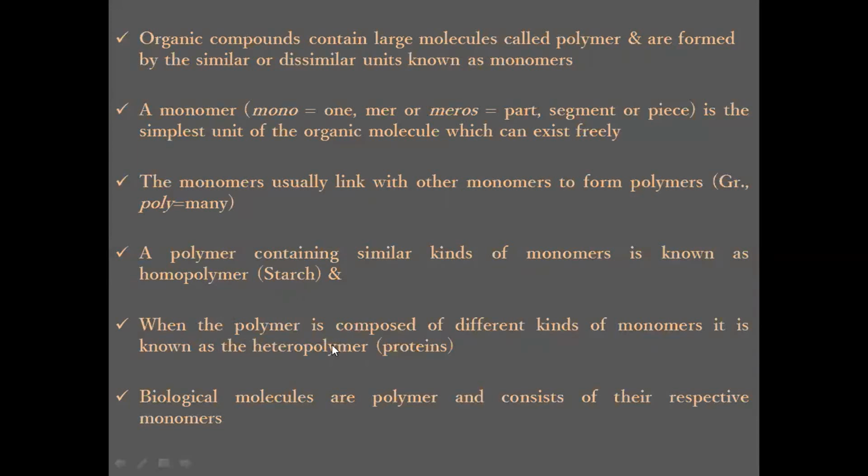When the polymer is composed of different kinds of monomer, it is known as a heteropolymer, for example protein. All the biological molecules, for example carbohydrates, proteins, and nucleic acids, are polymers and they have specific monomers.